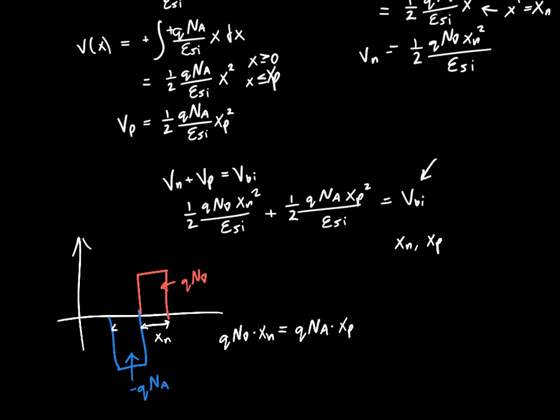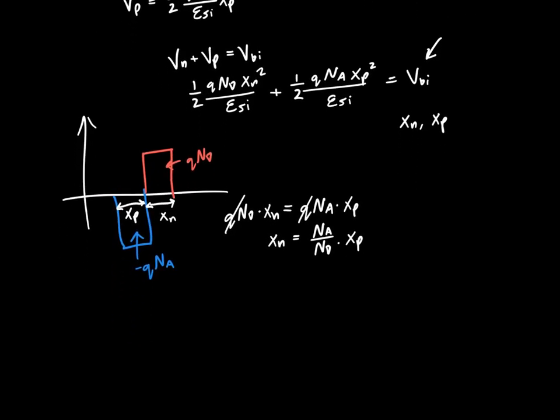Because the integral of a rectangle is just the height of the rectangle times the base of the rectangle. It's just the area. So if we cancel these, we see that xn is just equal to Na over Nd times xp.